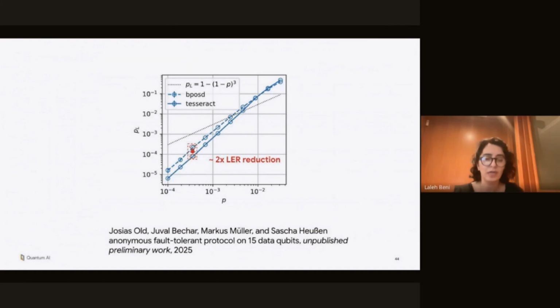This is another nice example from Sasha and his co-workers on an anonymous fault tolerant protocol of 50 data qubits on unpublished data. And you can see, comparing to Tesseract with BPOSD, they were able to improve their logical error rate 2 times, which is interesting.